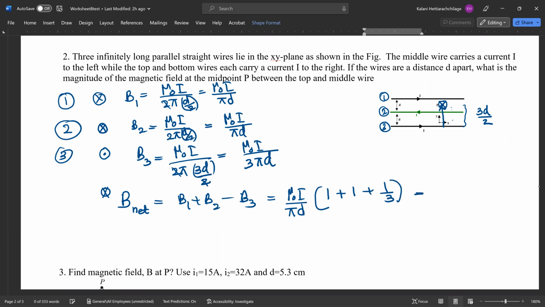This will be 7 over 3. 3, 6, 7, yes, 7 over 3 mu naught I over pi and D. So that will be net magnetic field, direction is inward.